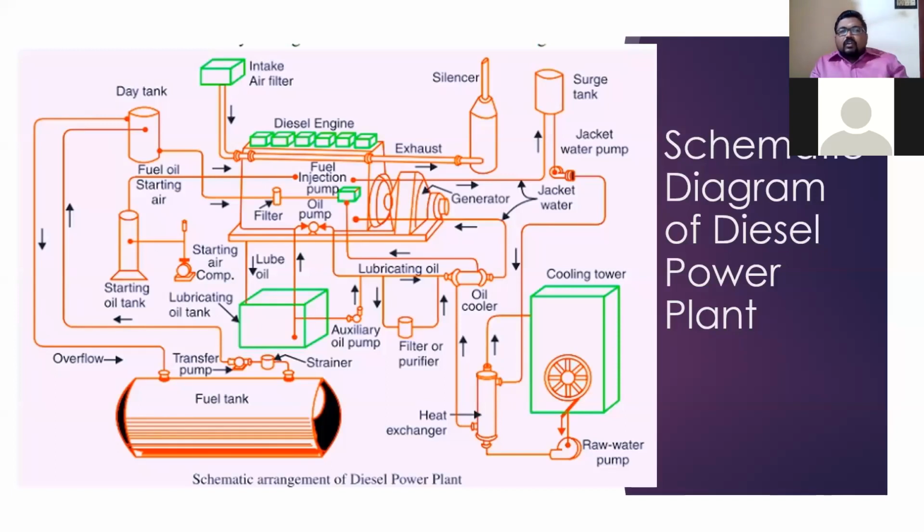Now your fourth and fifth ones are required for the smooth functioning of your engine. The first one is the lubricating oil. Why is the lubricating oil required? Every time inside the engine, the crankshaft, the crank lever and the piston are moving. The piston is always moving inside the cylinder in the upward and downward direction, correct?